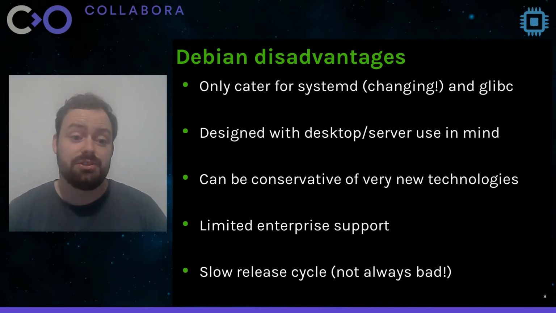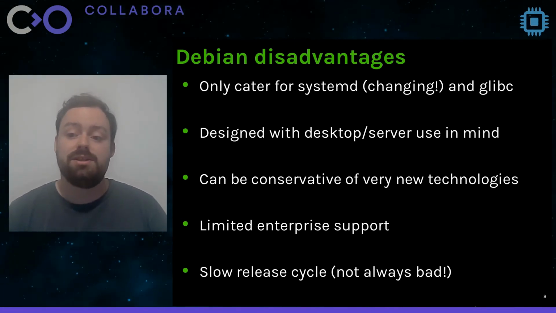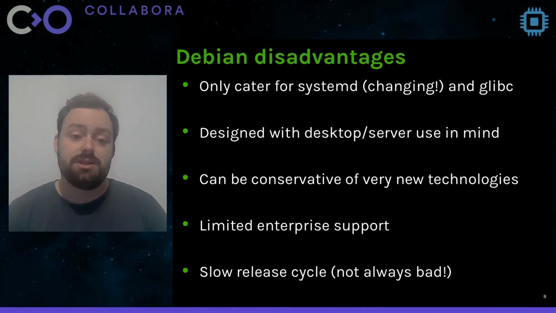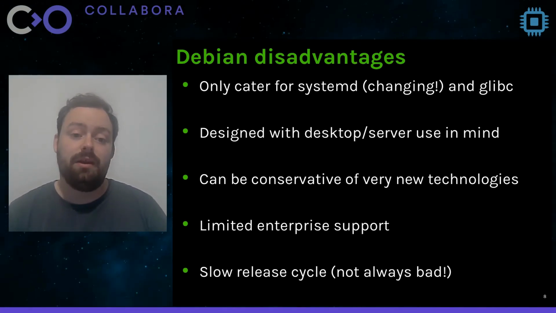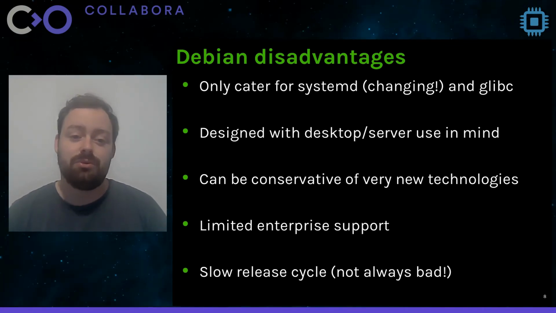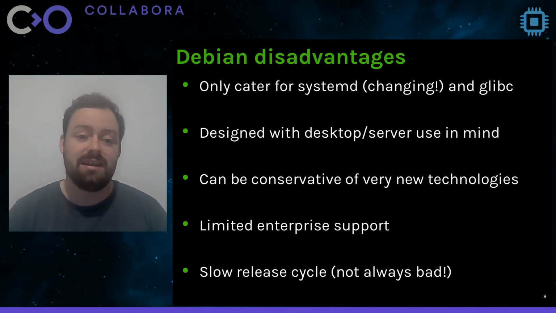Most of our projects use systemd and use systemd very well. The other thing is Debian packages are compiled with glibc, so this can be a problem for very small embedded targets, but typically most projects now have got a fair amount of RAM and a fairly big CPU.